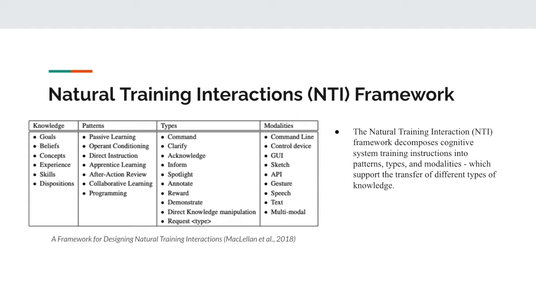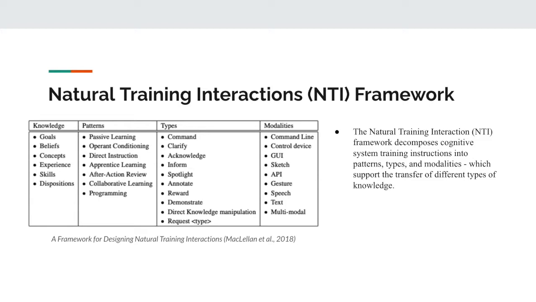To talk a little bit about these different characteristics, knowledge comprises beliefs, goals, concepts, experience, skills, and dispositions. Patterns comprise passive learning, operant conditioning, direct instruction, apprentice learning, after action review, collaborative learning, and so forth. Types may include demonstrate, reward, spotlight, inform, acknowledge, and so forth.